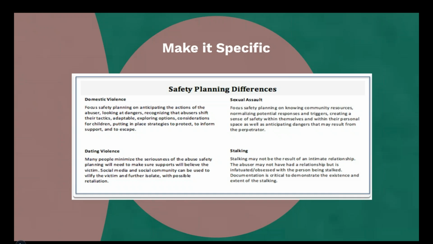So these things may not even apply to a person in a situation dealing with domestic violence. They may need to focus on safety planning in the sexual assault category. Those things might work better for their situation. So I think that it's always important to make sure you're assessing everything that's going on within the situation, because it's not always going to be the same.